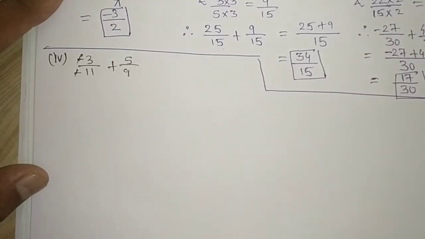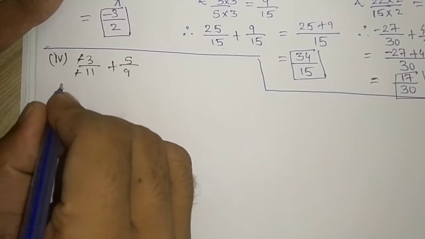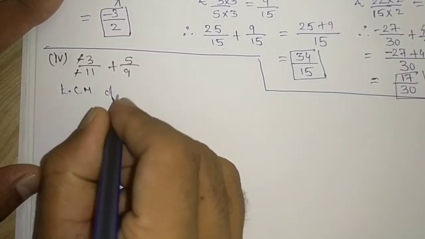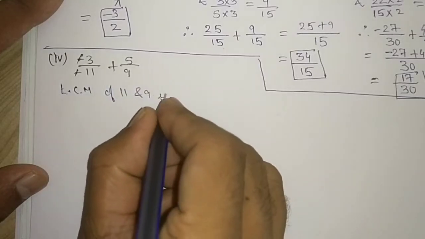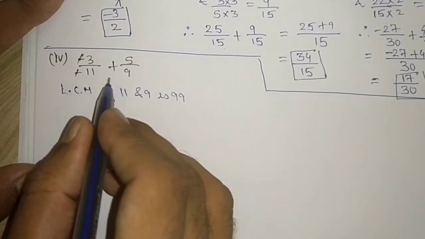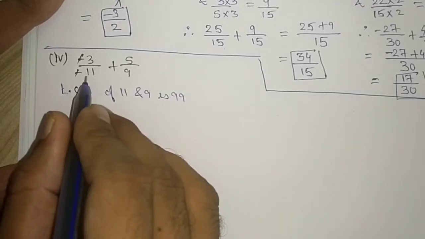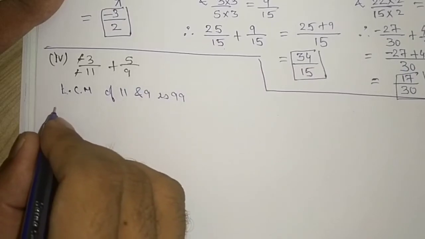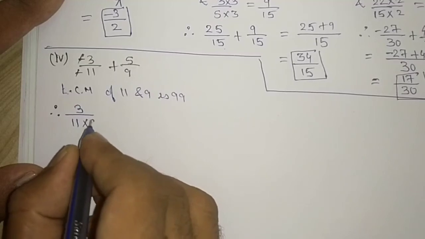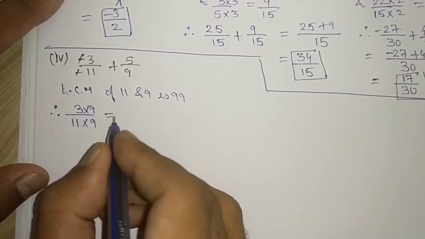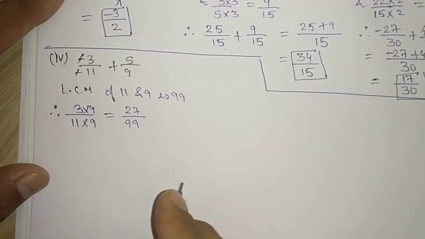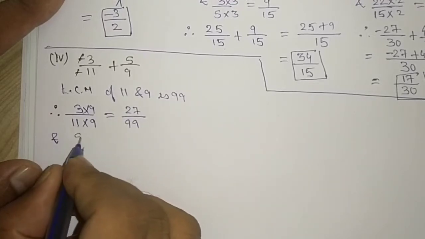Here LCM of 11 and 9 is 99, because in each table 9 doesn't go in 11's table and 11 doesn't come in 9's table. Therefore the new number will be 3 by 11. To make it 99, I will multiply it by 9. So numerator also by 9. 9 3s are 27 divided by 99. And the other number is 5 by 9.